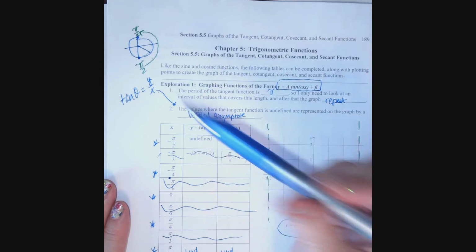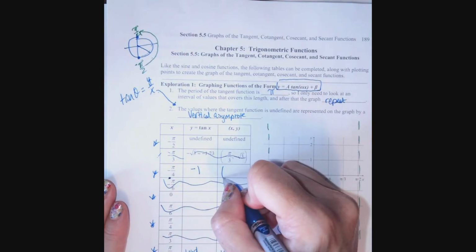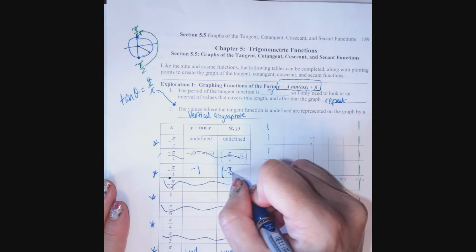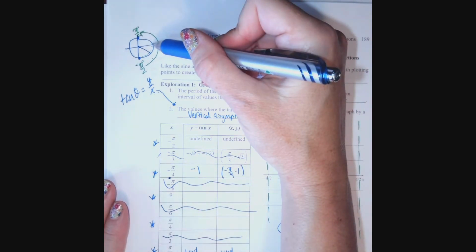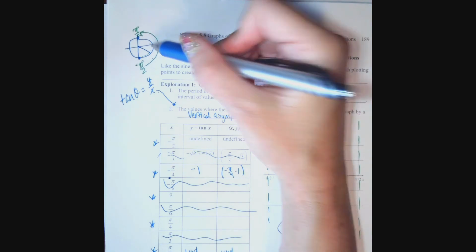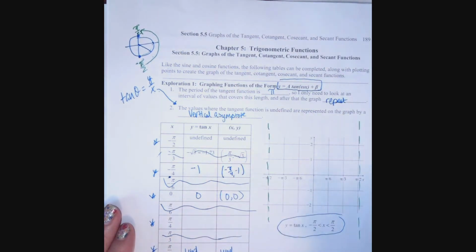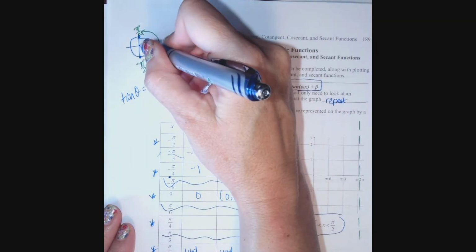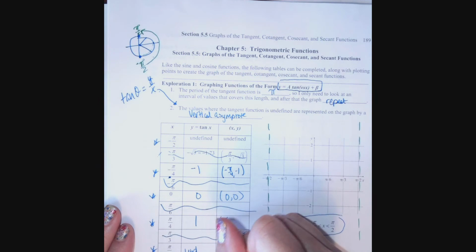When I'm in quadrant 4, my tangent function value is negative 1. So the point that I plot is negative pi fourth, negative 1. At 0, because y is 0, tangent is 0. So that hits center. And then I've got positive pi fourth, where tangent is a positive 1 because I'm in quadrant 1.